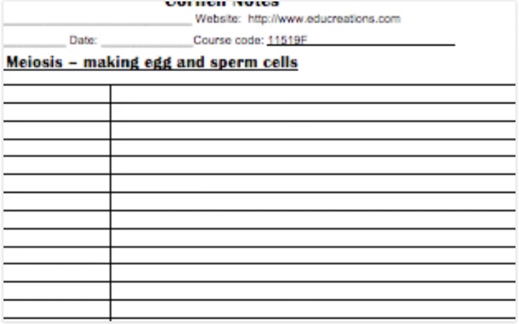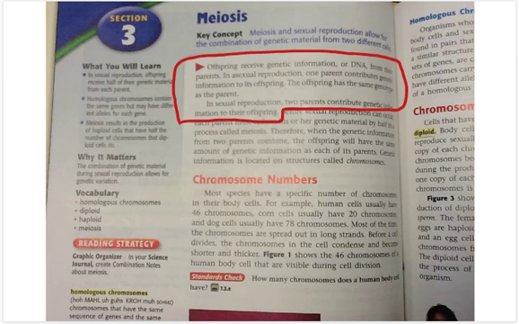So I might write a little bullet right here, and then, obviously you don't write that, you write the actual sentence. So pause it right now so that you can write your sentence.